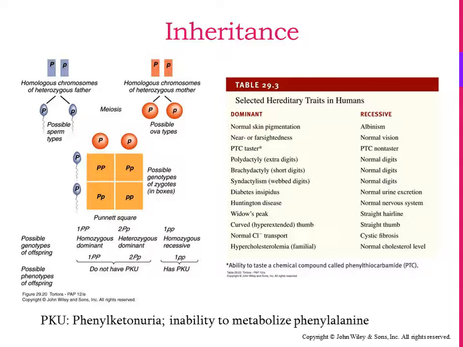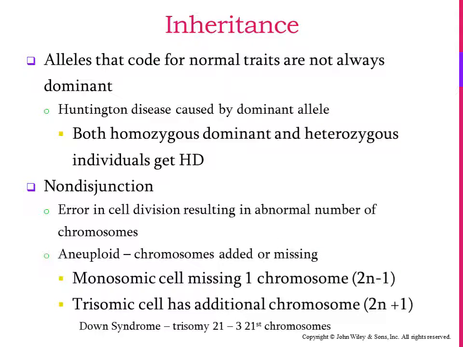So the point here is that dominant does not always correspond with healthy. Sometimes the dominant trait is the abnormal or disease trait. So what we've described are your classic inheritance patterns, but note that there are some exceptions to this rule.